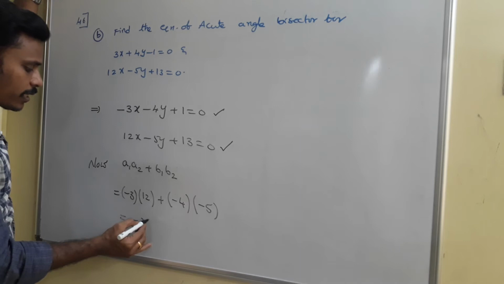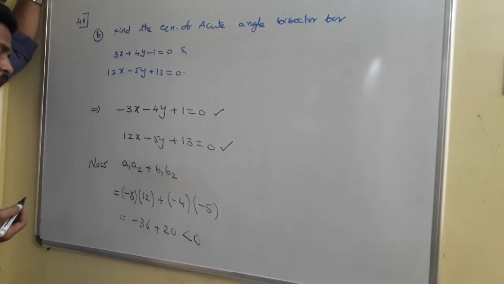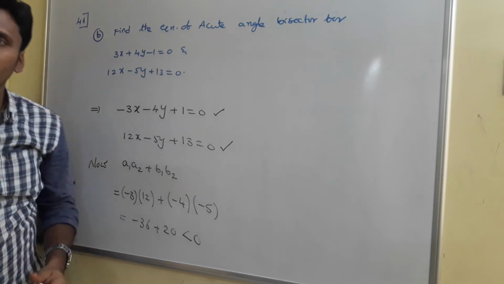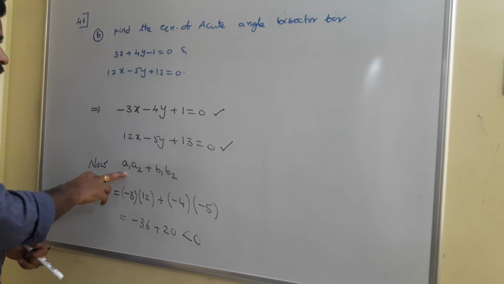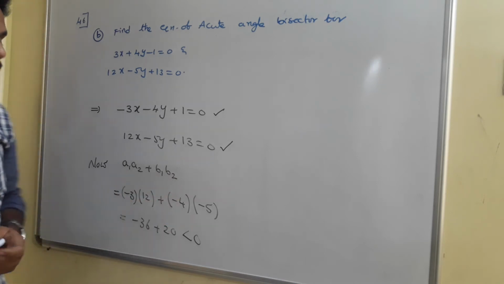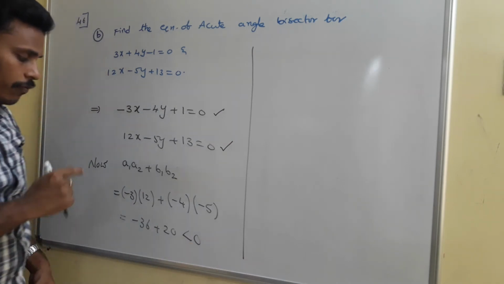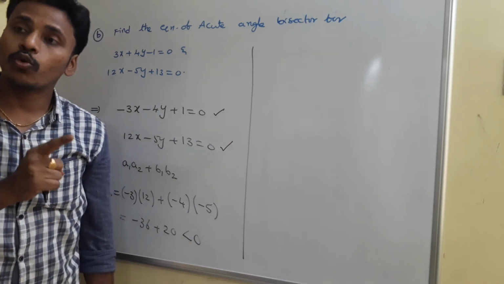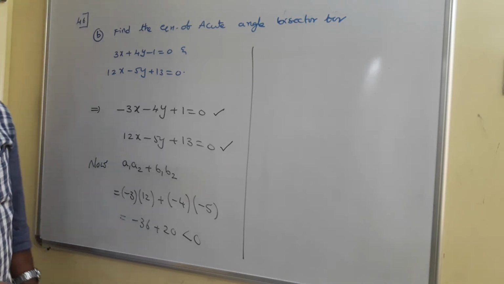Minus 3 times 12 is minus 36, plus minus 4 times minus 5 is 20, so minus 36 plus 20 is negative. Since A1A2 plus B1B2 is negative, as I told you, if that is negative, then the acute angle bisector is with plus sign and the obtuse angle bisector is with minus sign, right?